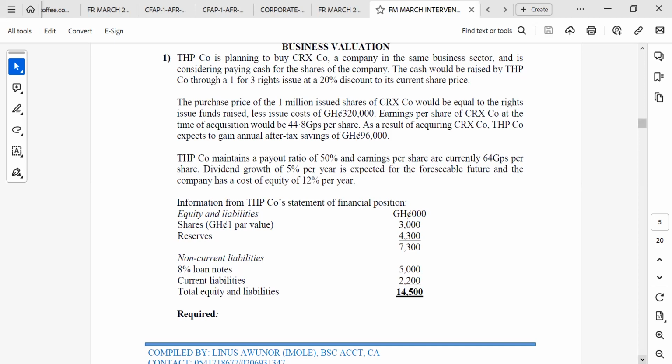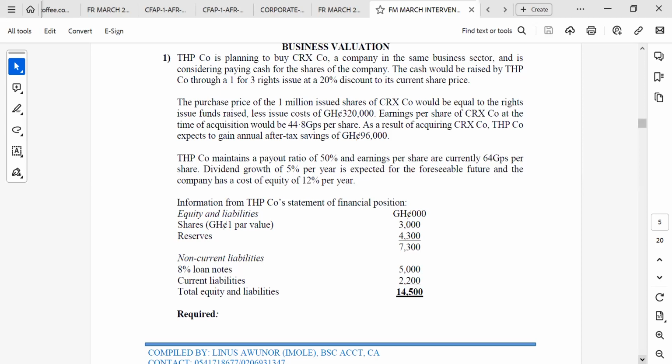THP Co maintains a payout ratio of 50% and earnings per share are currently 64 pesos per share. Dividend growth of 5% per year is expected for the foreseeable future, and the company has a cost of equity of 12%. What's the dividend per share that they are paying currently? The dividend per share? 32 pesos.